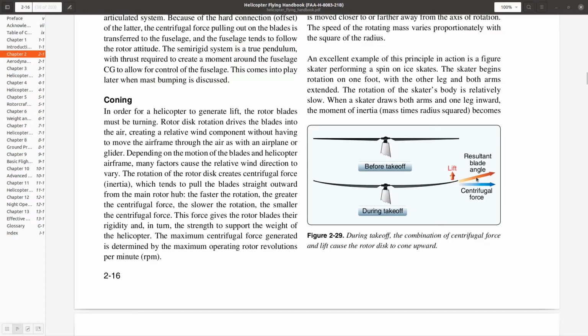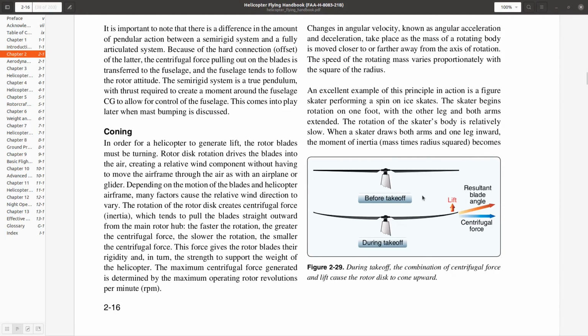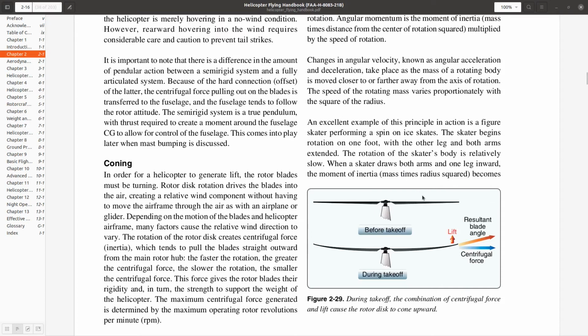So the resulting force is kind of angled upward. And that's why a rotor will cone. And you'll notice this most importantly when you take off. If you're watching this from the side, you'll see the rotor coning up because you're demanding more from it, basically.